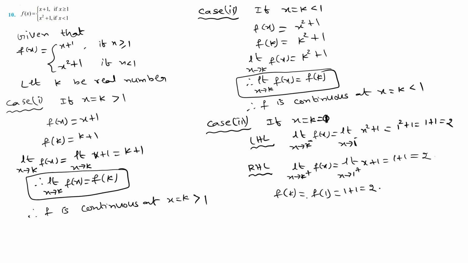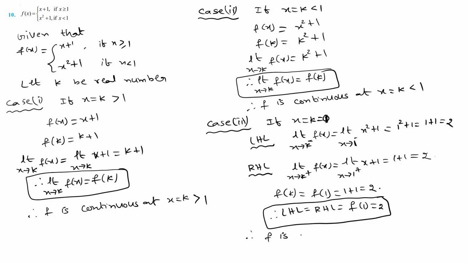So all the three are equal: LHL equal to RHL is equal to f of 1, which is nothing but 2. Therefore, f is continuous at every real number.